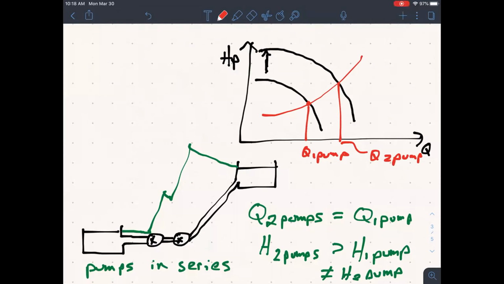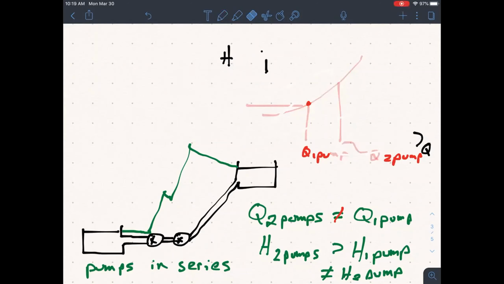So I shouldn't say that discharge is going to be equal to. So the curve shifts up. Yeah. Let me just draw this a little bit differently. Sorry, guys.